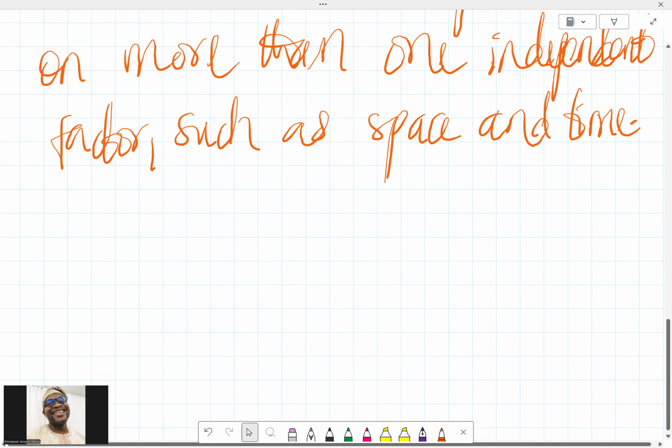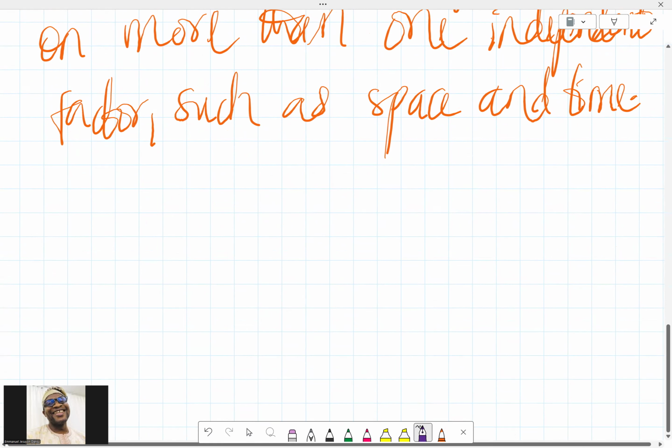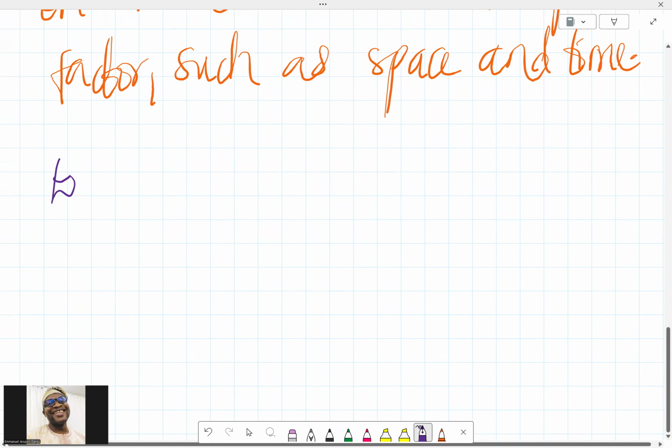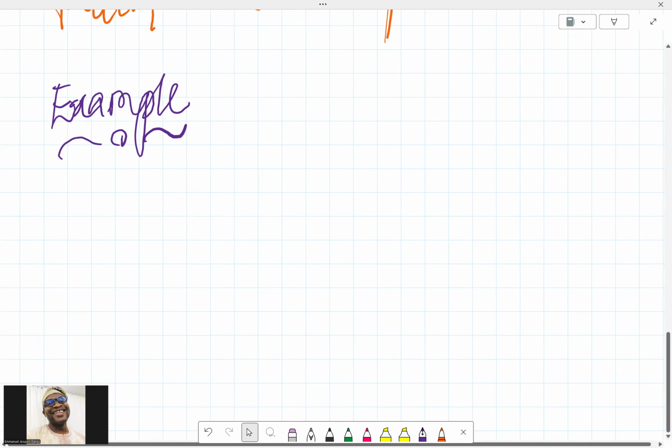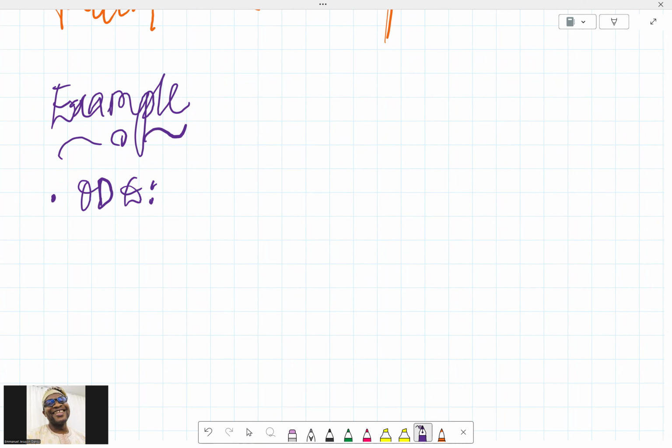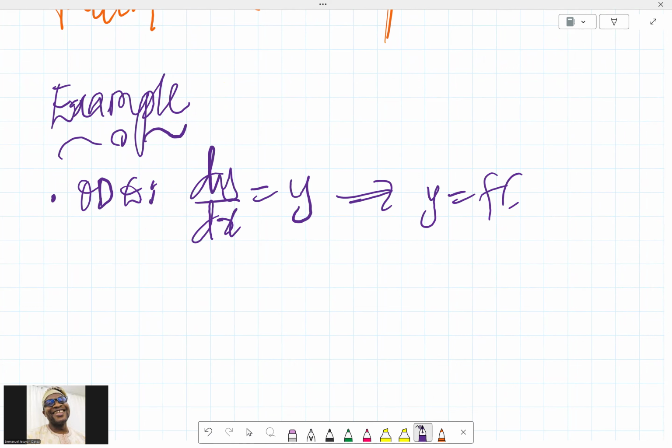So many things in reality actually depend on more than one variable. That's why PDEs are more realistic in modeling physical systems or natural systems, things we relate with from day to day. So a very good example of an ODE, like we've been seeing, is dy/dx equals y. This means that y is only a function of x.